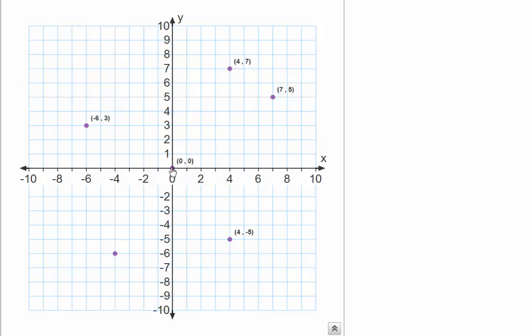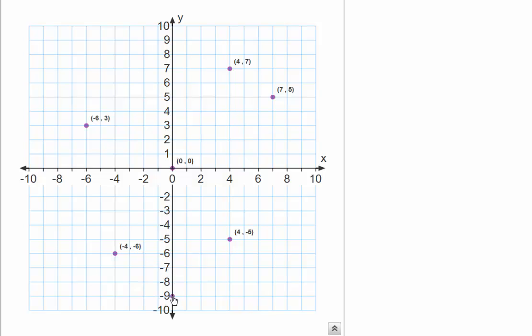Again, we can start at the origin and we go back to -4 in the x direction, and then down to -6 in the y direction. So this should have the coordinates of -4, -6. All the points in quadrant 3 are going to have a negative x coordinate and a negative y coordinate.